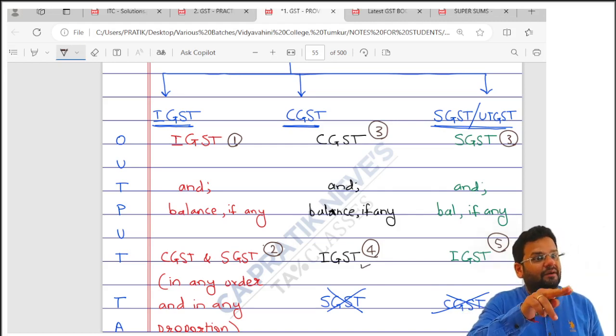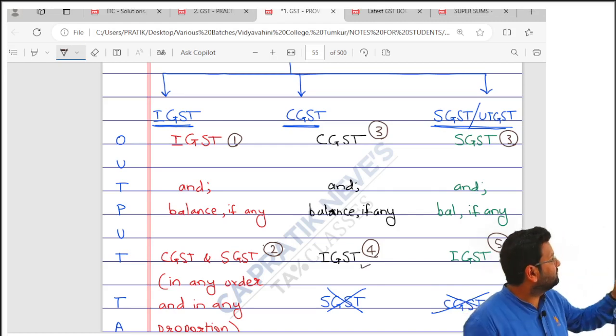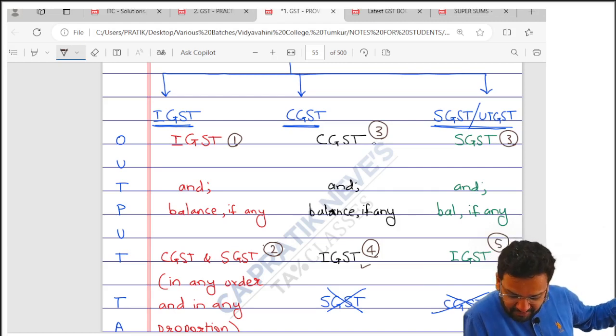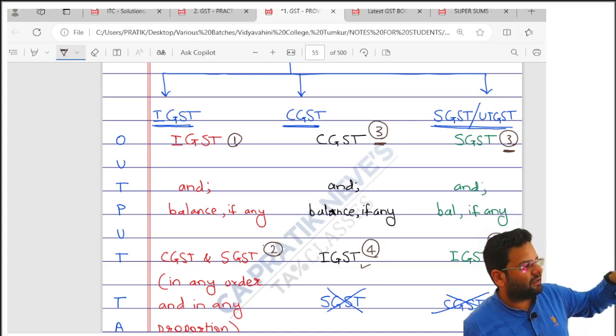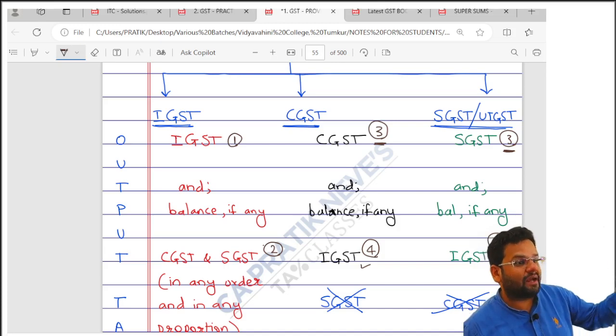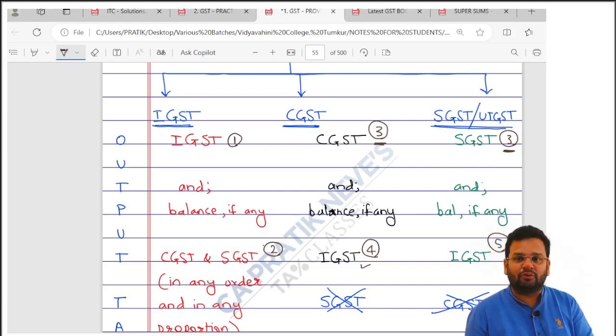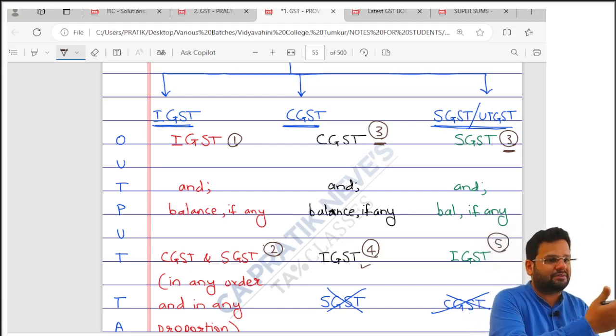This is not something I have gone wrong in saying. Both of these have the third number. ITC of C will be used to pay output tax of C, and ITC of S will be utilized to pay output tax of S, and balances if any will be utilized to pay output tax of IGST.